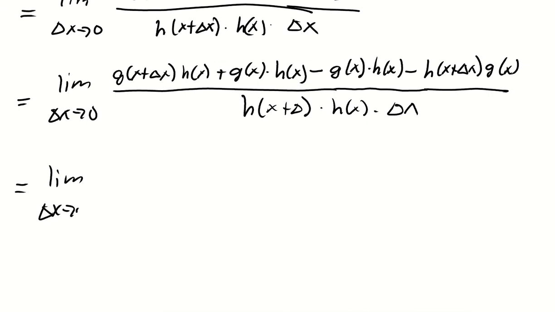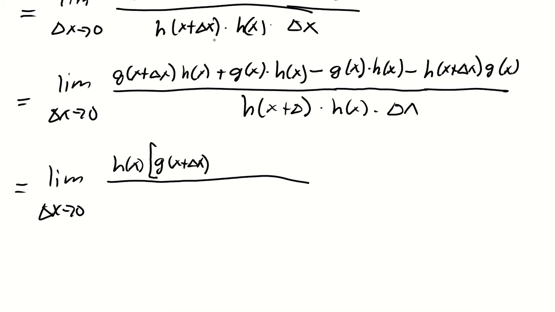As delta x approaches 0, we need to group them, or factor out common terms. Here, we can factor out h of x. So h of x multiplies this part, and the remaining will be g of x plus delta x.